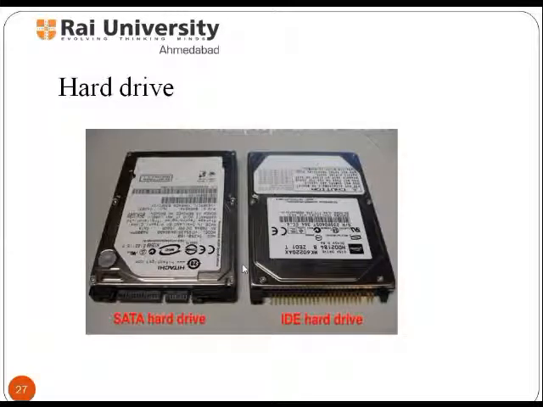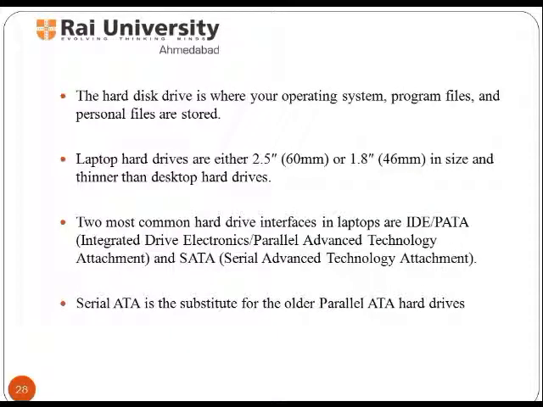Now, what is a hard drive? A hard drive is a device where program files and personal files are stored. It retains its data even when powered off. Data is read in a random access manner, meaning individual blocks of data can be stored in any order rather than sequentially.